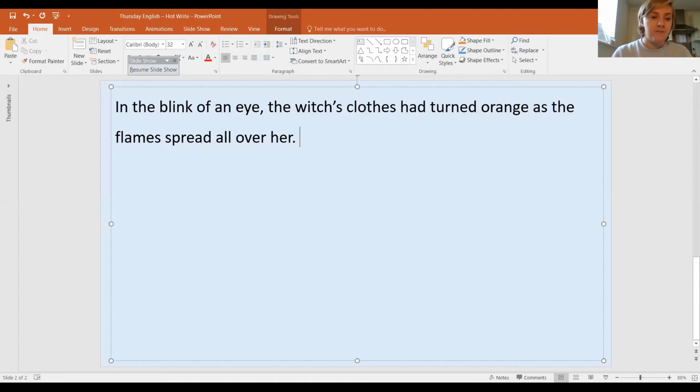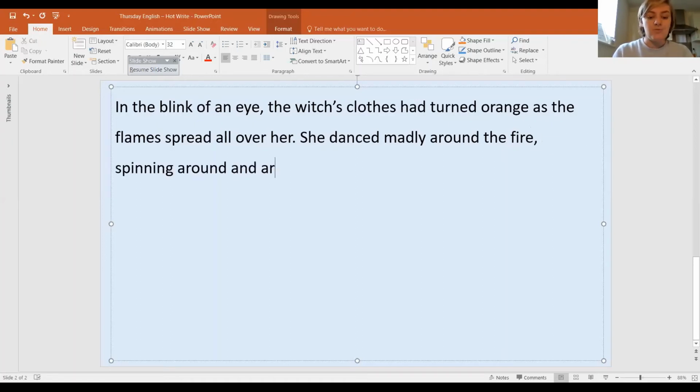I'm going to read what I've written first. In the blink of an eye, the witch's clothes had turned orange as the flames spread all over her. She danced madly around the fire, spinning around and around as she tried to put the fire out.